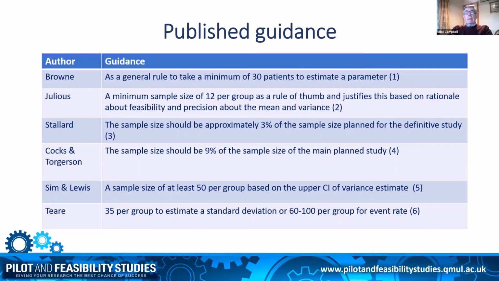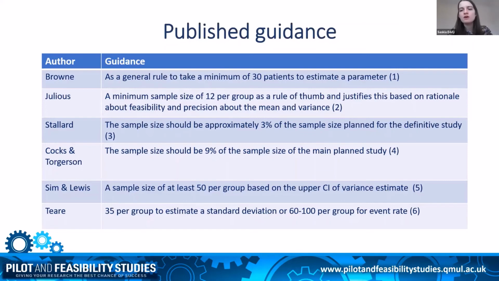And then Dawn and Tier did a survey to see what other people had done, and they found that they needed about 35 per group to estimate a standard deviation, or between 60 and 100 per group if you're trying to estimate an event rate, such as the proportion of people who consent or the people who you can randomize into your trial. Thank you.